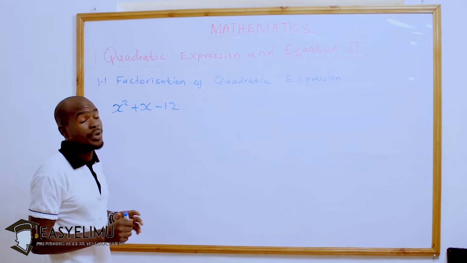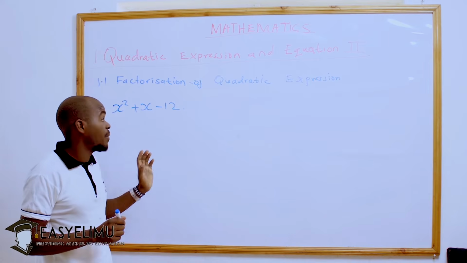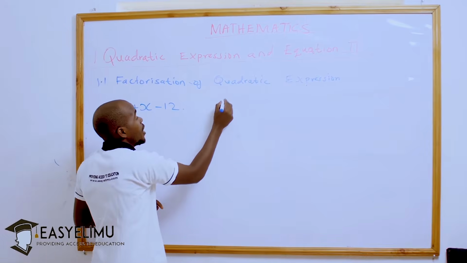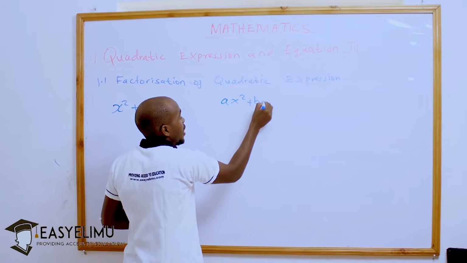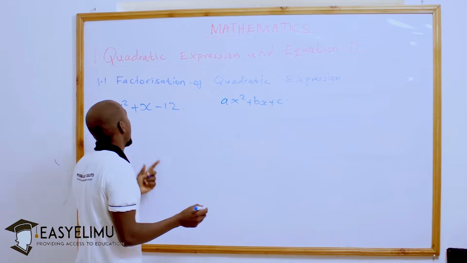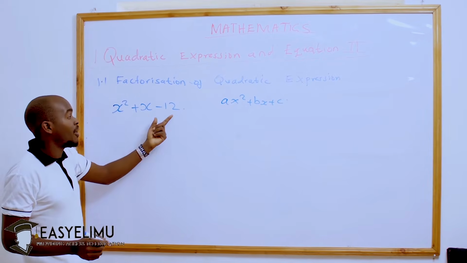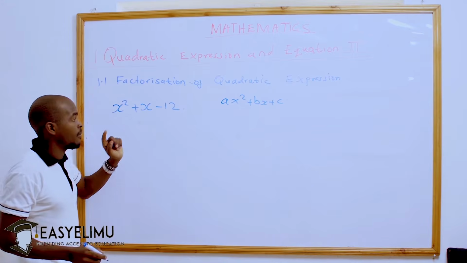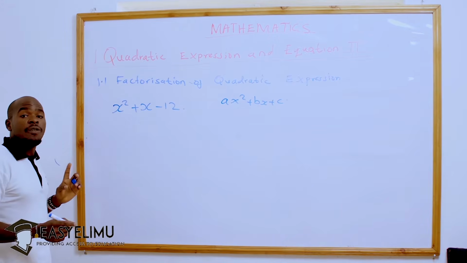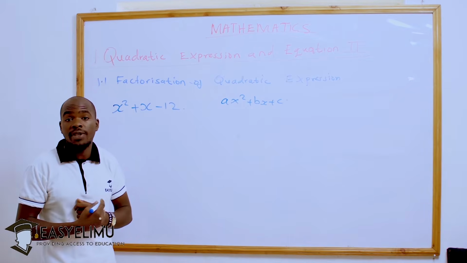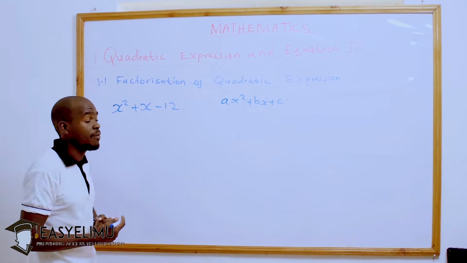This is another expression we need to factor, and we can still identify that it has the form ax squared plus bx plus c, whereby our a is 1, our b is also positive 1, and our c is negative 12. So we need to factor this expression using the same procedure which I gave you.